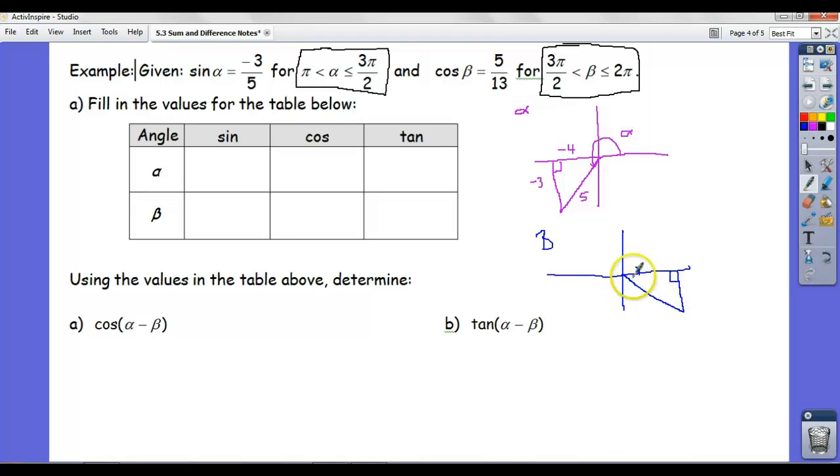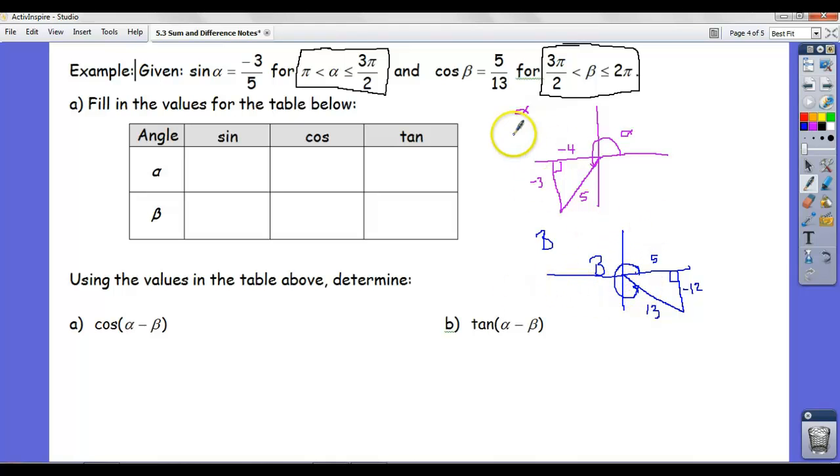So beta was that angle. Now cosine is 5 over 13, adjacent over hypotenuse. And by using the Pythagorean theorem, we could determine that this is a 12. So I'm going to leave that detail out, just in the interest of time.